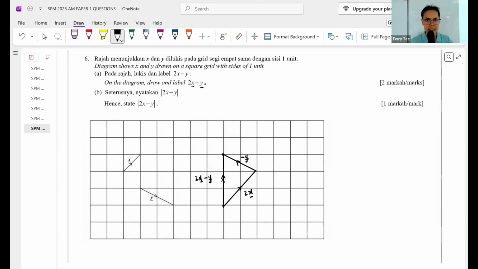Draw and label with that. Next, part B, hence state the magnitude of 2x minus y. Magnitude. Do you need to use any formula? No. Count for me, how many boxes? 3 boxes. 1 box is 1 unit, so 3 boxes means 3 units. That's it, 3 units.